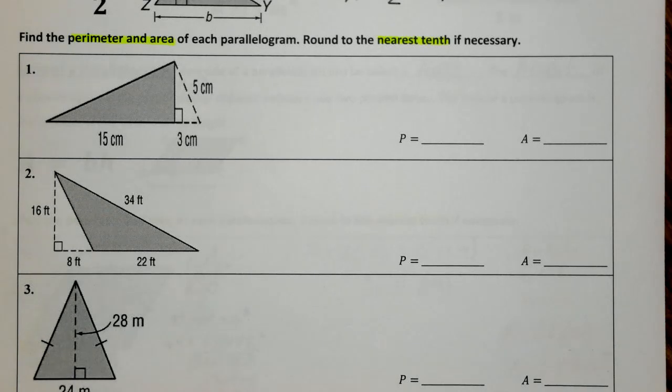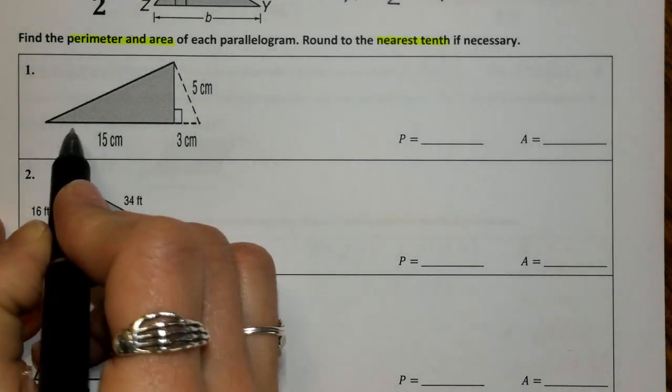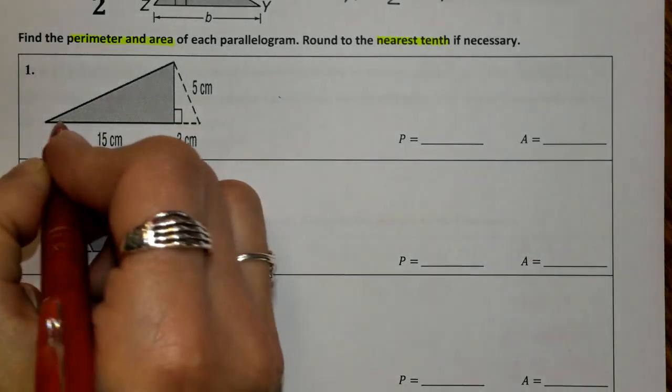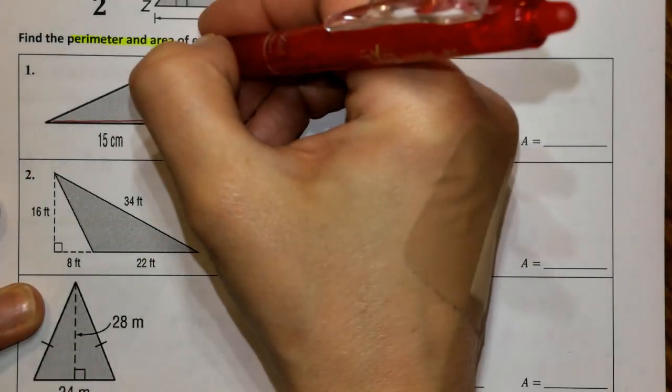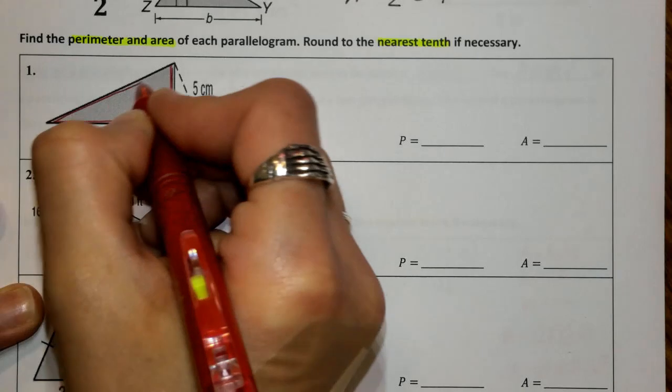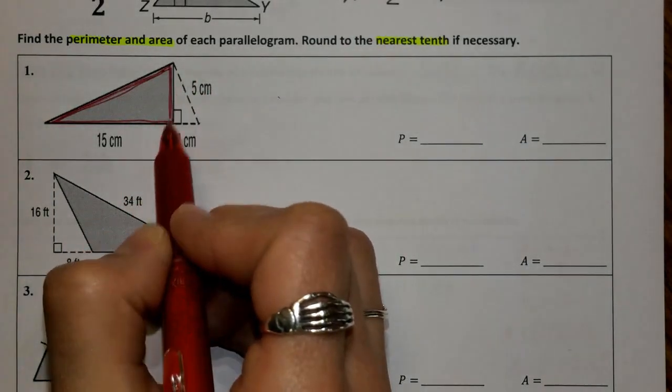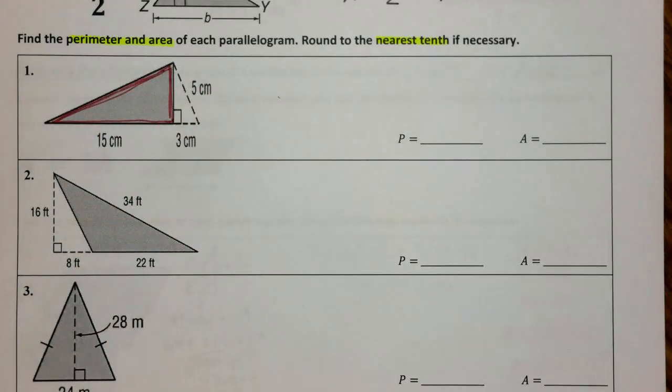Now, to find the perimeter, we need to see where our triangle is. It is the shaded region right here, the shaded area. So we know that we don't have this height and we don't have the third side. We're missing 2 of the 3 sides.